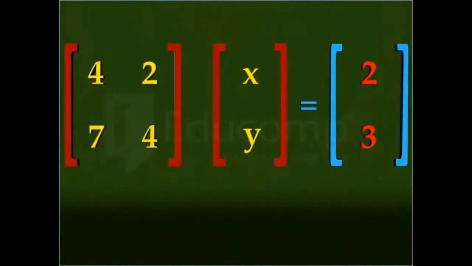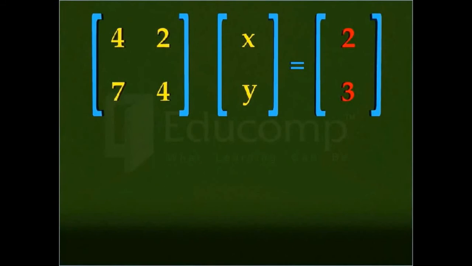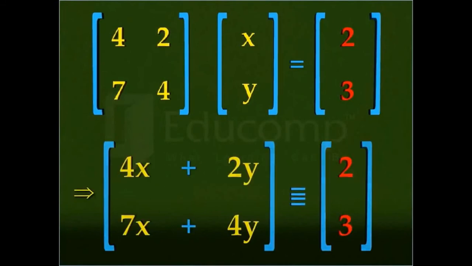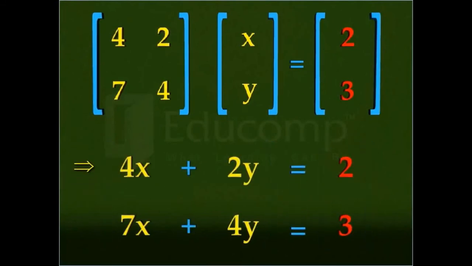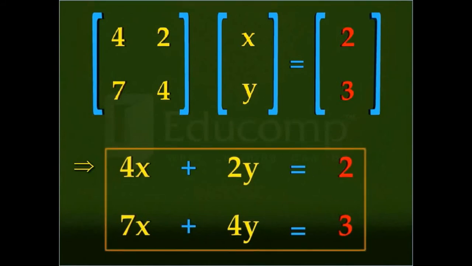On multiplying the two matrices and using the concept of equal matrices, we get the same equations. Thus, this matrix equation represents the given system of linear equations.